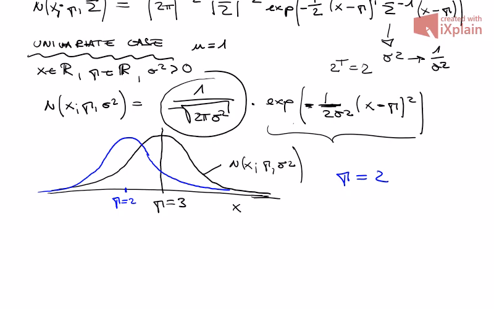If I only change the variance, of course I should now write up the rest. So here first our mu was 3 and our sigma square, let's say, was 1.